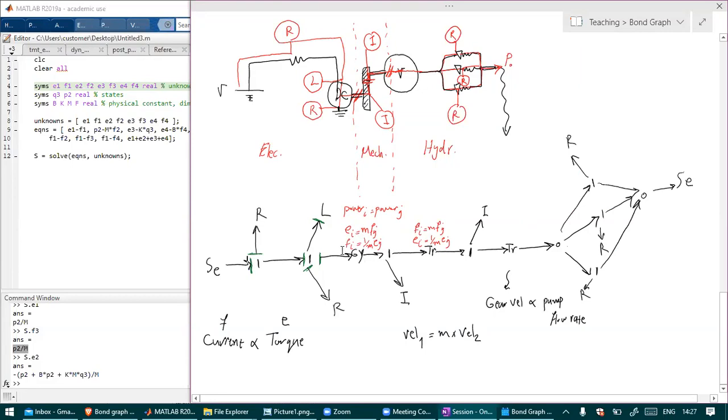On the left side, flow is defined. So on the right side, effort will be defined. It's a gyroscope. Okay. So now if the effort is defined on the other side, where should the causality be? Here or here? Gyrator side. No, other side, because gyroscope defines the efforts, right?